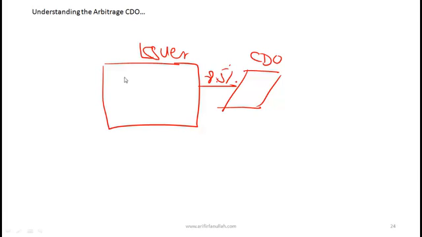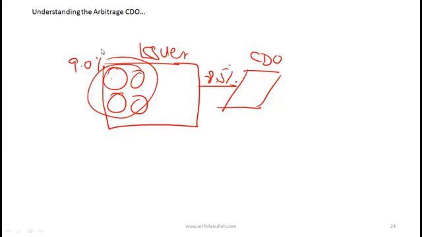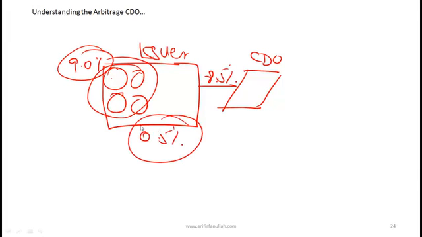Now, in an arbitrage CDO, there is going to be a pool of debt instruments, and if the manager can somehow create this pool so that after any costs and potential defaults and so on, he can on average earn 9% on this pool, then how much does he pocket? The 0.5% is what he pockets, and this is a very simplistic example of an arbitrage CDO.